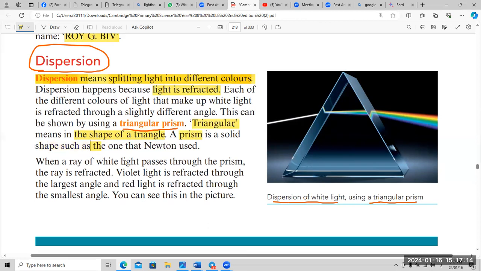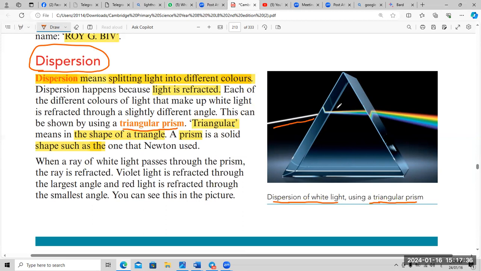When a ray of white light passes through the prism, the ray is refracted. Look here. When white light passes through the prism, what happens inside?